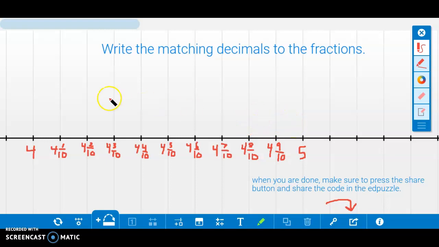So for instance, here I have 0/10, so it would be 4 and 0/10. Here I have 1/10, so I have 4 and 1/10.